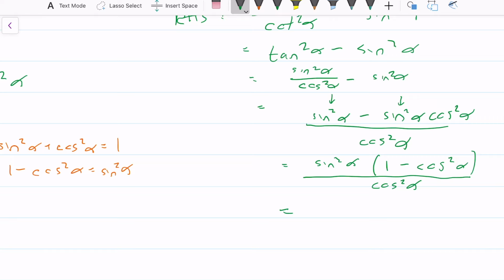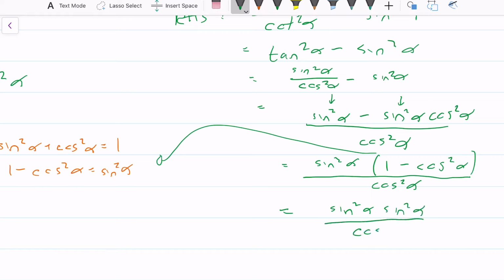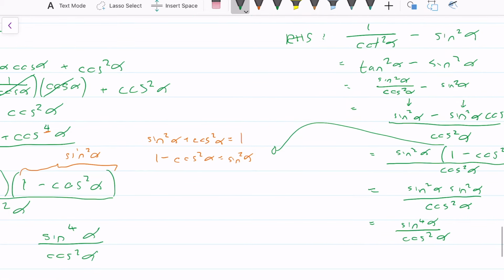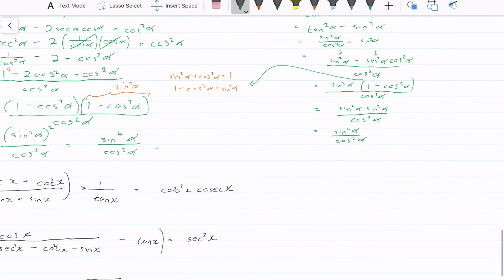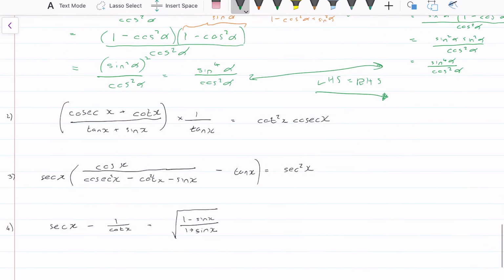And again, from the same trig identity, this is sine squared alpha times sine squared alpha over cos squared alpha, which is sine to the 4 alpha over cos squared alpha. If you look at these two, great stuff, our left-hand side equals our right-hand side. So the problem is essentially done there.